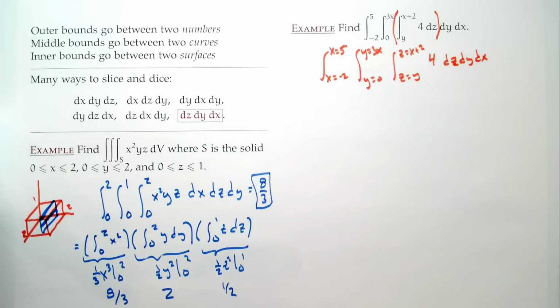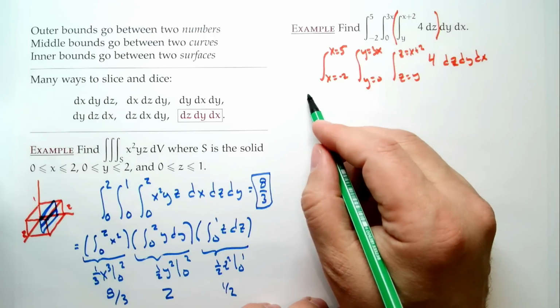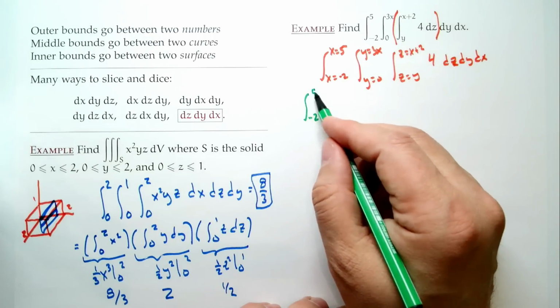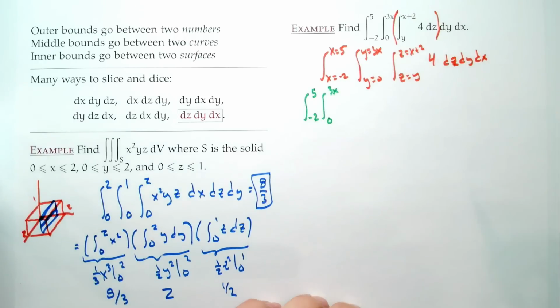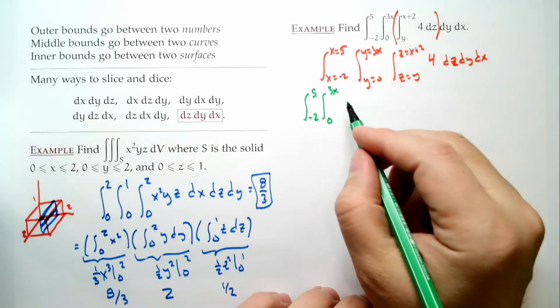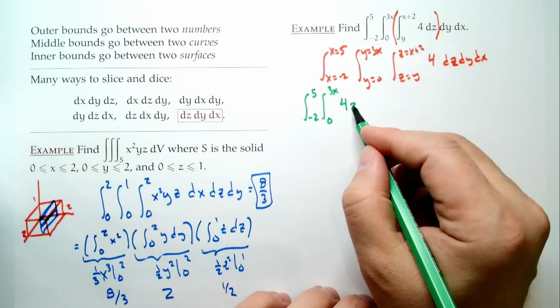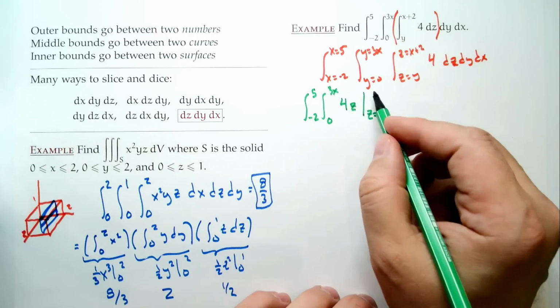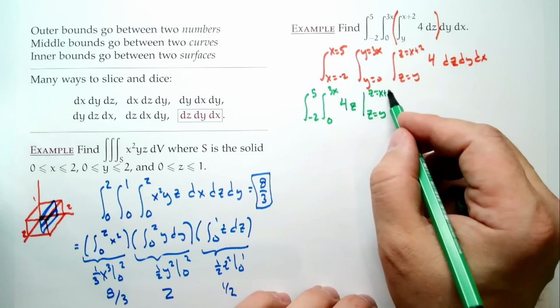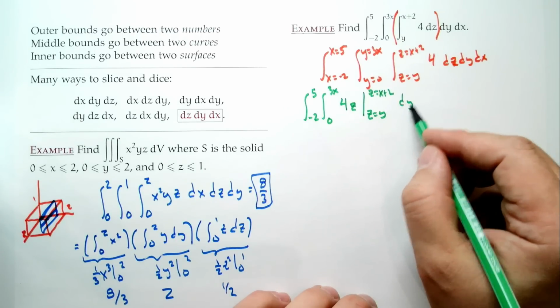4z, yeah. All right, so we come to integral -2 to 5, integral 0 to 3x. I'm going to suppress the notation. I just wrote it down to remind ourselves that whenever we see something, we understand that notation means something. So it's important to know what things mean. So 4z evaluated from z equals y to z equals x plus 2 dy dx.